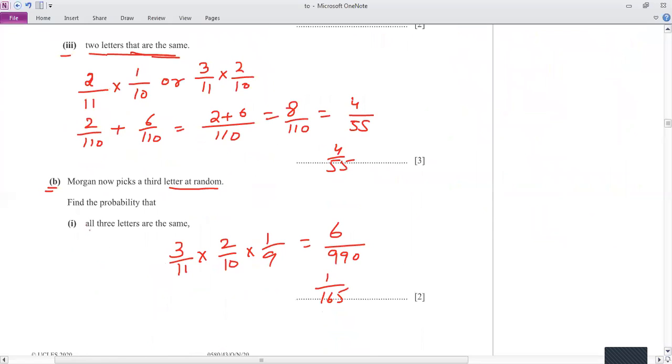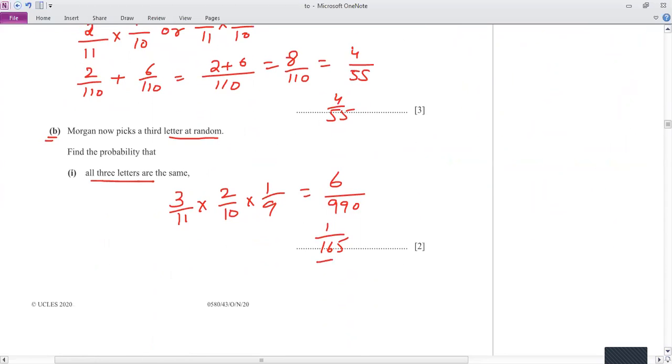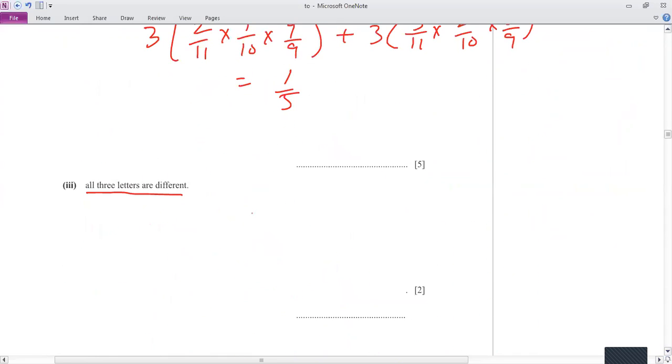Yes, we found it here. The probability of all 3 same is 1 over 165. So if the probability of all 3 same is 1 over 165, and this time the question is saying all 3 letters are different, then what should it be? 1 minus, because total probability is 1, when all 3 are not same, minus 1 over 165.